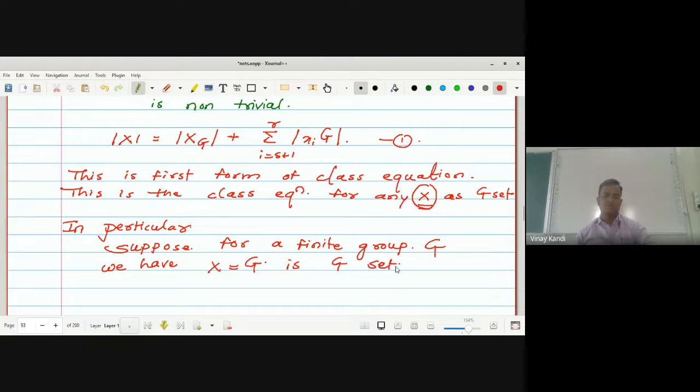Okay, we know that the set itself, the group itself is a G-set under conjugation. Set under which operation? Conjugation. What is meant by conjugation now? Conjugate of an element.